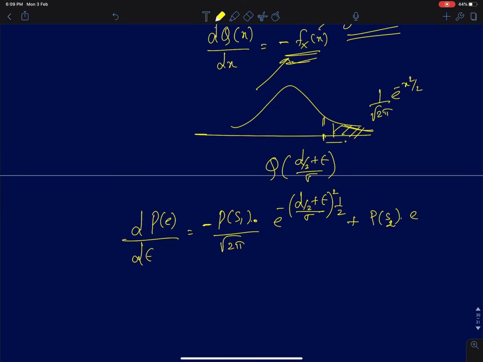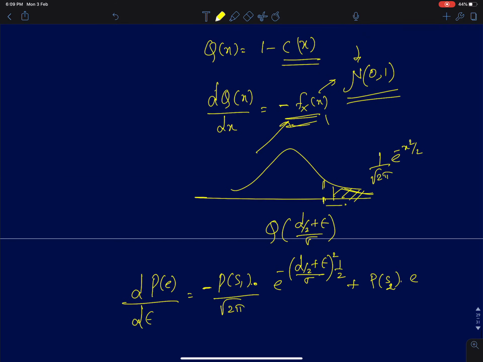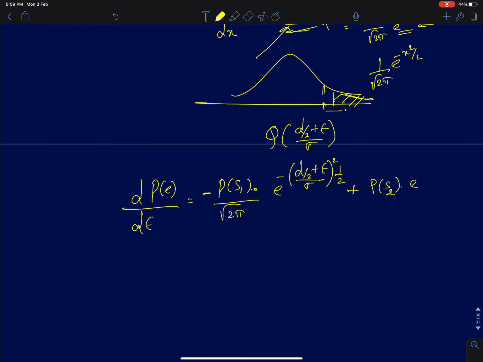So f of x is simply 1 by root 2 pi e power minus x square by 2, and the slope of Q of x is minus of this. Okay. And in the second term, there will again be a minus, with e power minus (d by 2 minus epsilon by sigma) the whole square by half.